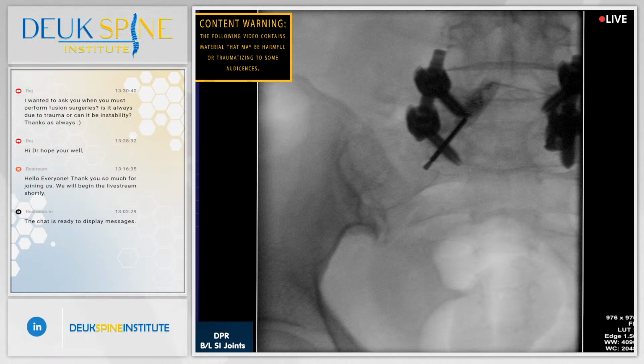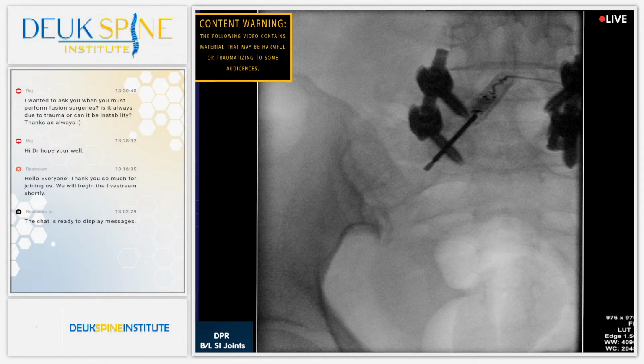That is instability, period. That is the definition of instability. And instability is not a radiographic finding. Instability is a physiological finding.